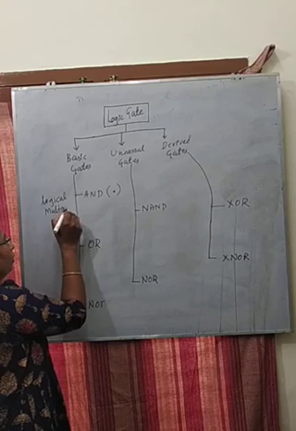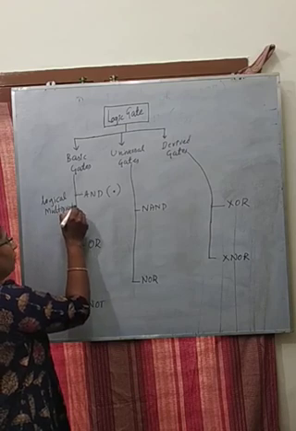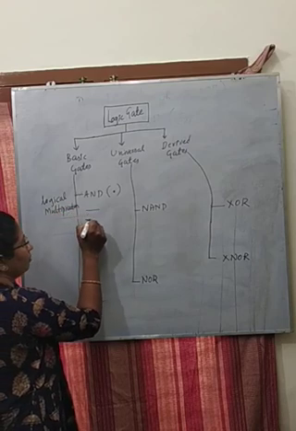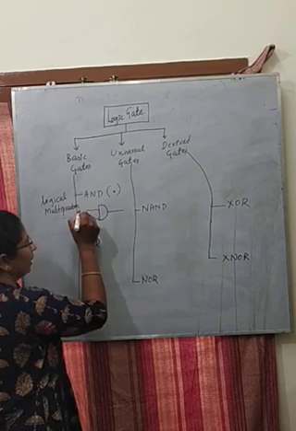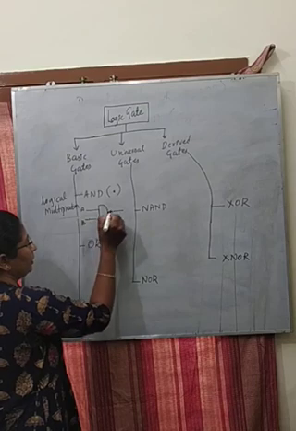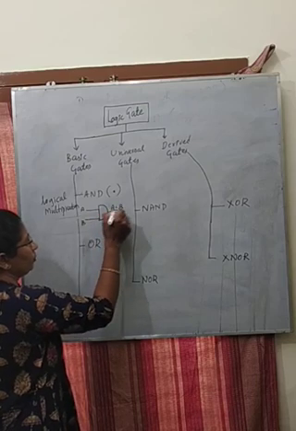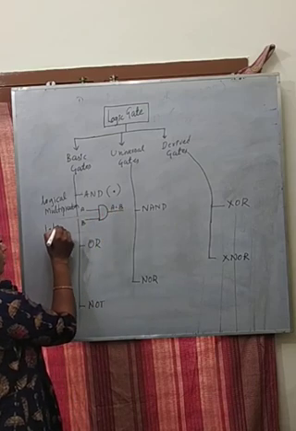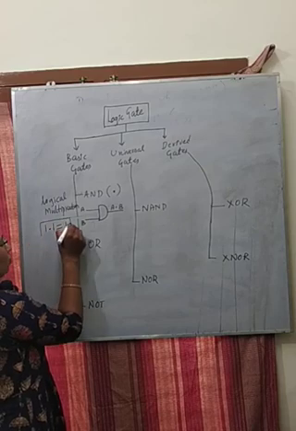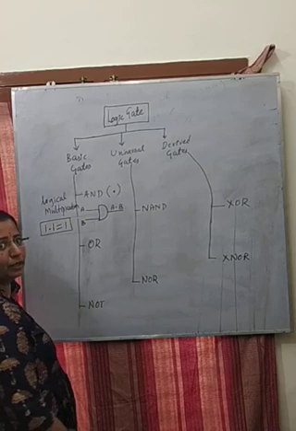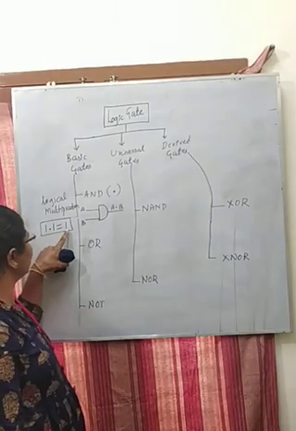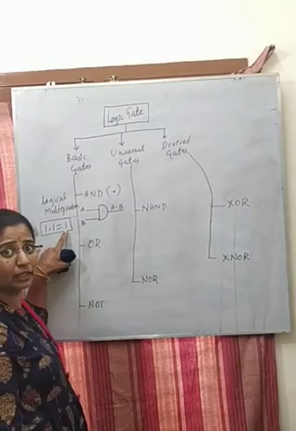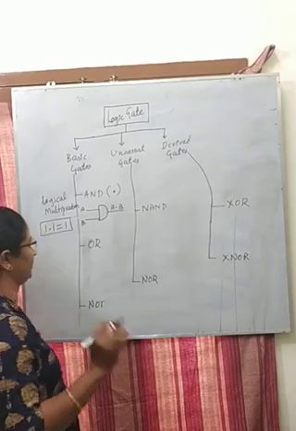This is the symbol of your AND gate. A, B, A into B. 1 into 1, then only the result is 1 in the AND gate. That means all possible inputs are true, then only the result is true. Otherwise the result is false.